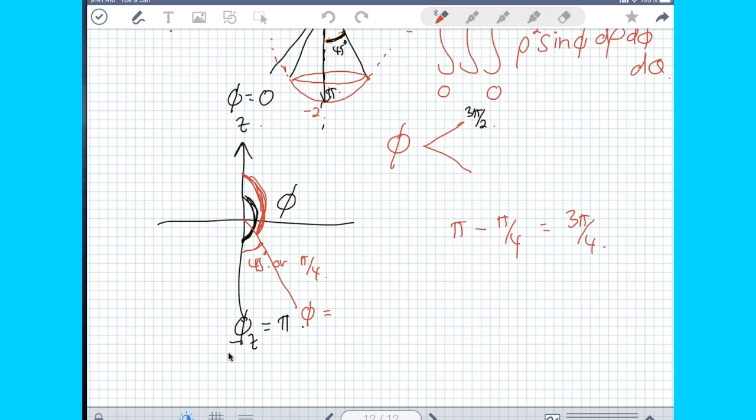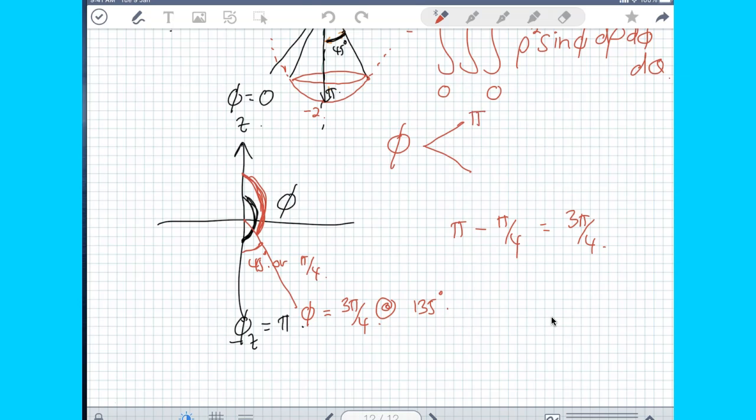Is that correct? Okay, so now your phi here is 3 pi over 4. So 3 pi over 4 is equal to 135, right? Okay, 135 degrees.